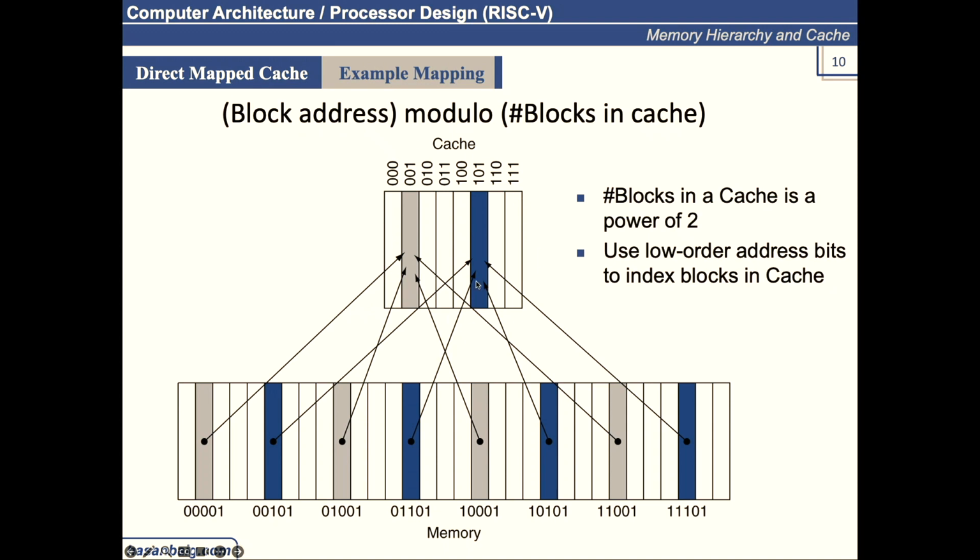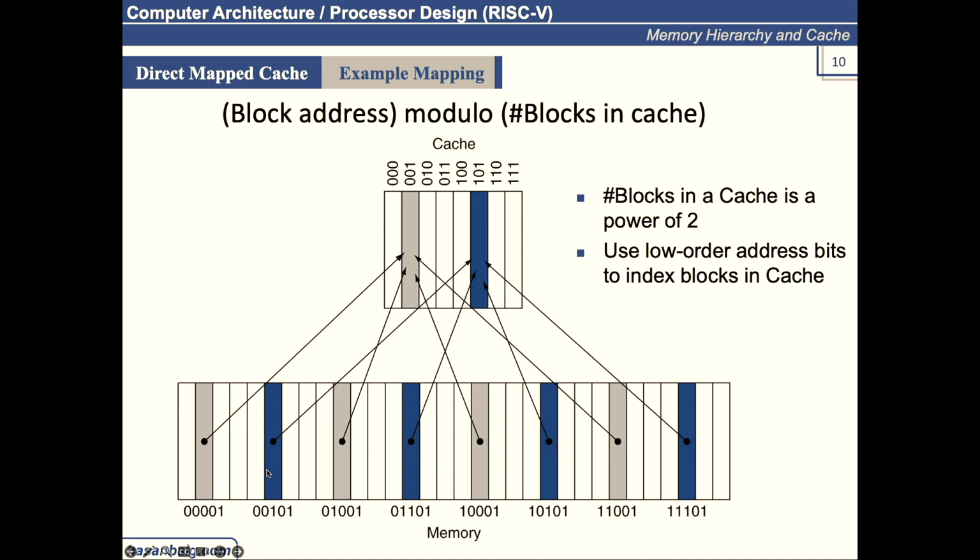Consider that the number of locations is a power of 2. So here, what is the power of 2? What is the size of the cache? How many blocks are there? Just consider these vertical blocks as one block. So there are 8 blocks, okay? So it's 2 to the power of 3, right? So when we have 2 to the power of 3, it means that we can represent each block with 3 bits, right?